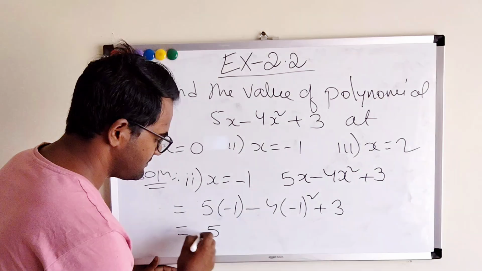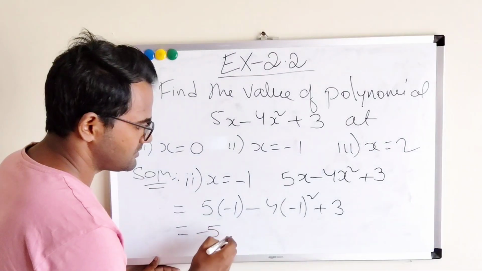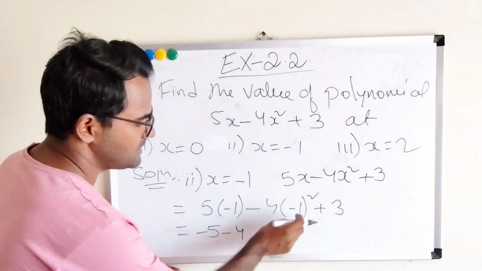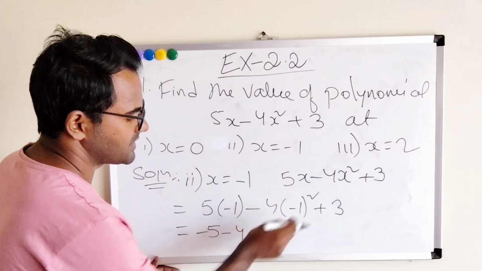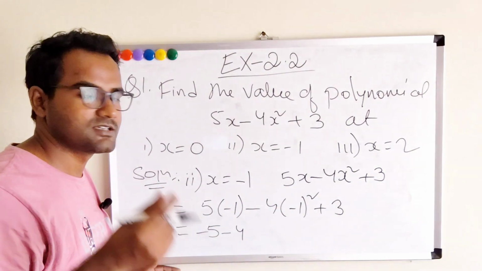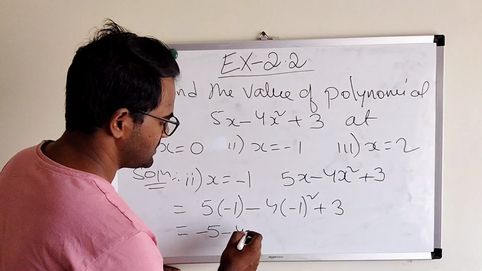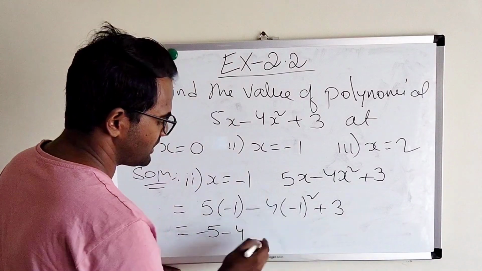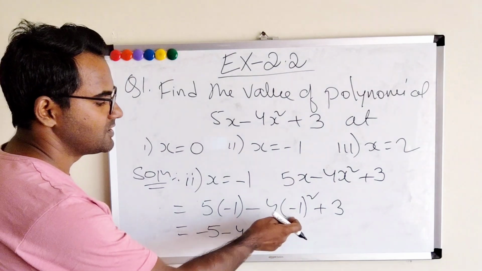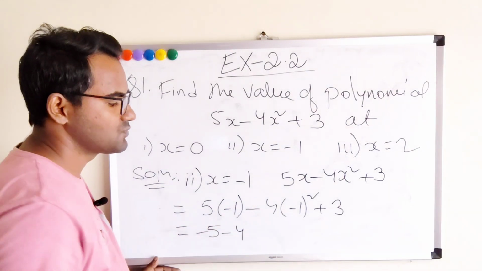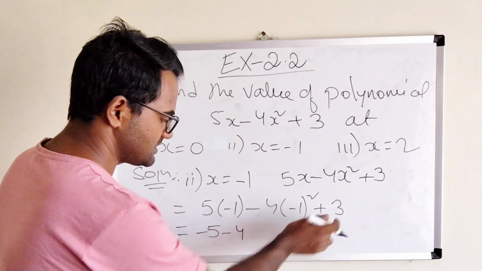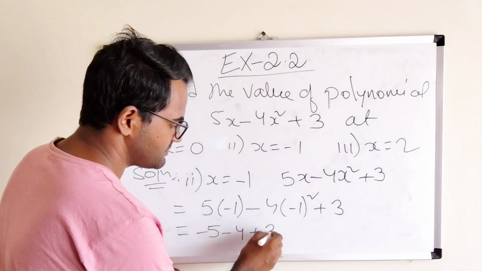Then minus 4 into 1 square; 1 square is 1, but the sign will change to positive. When you multiply minus 4 into plus 1, you are going to get minus 4 only. Now you have plus 3.